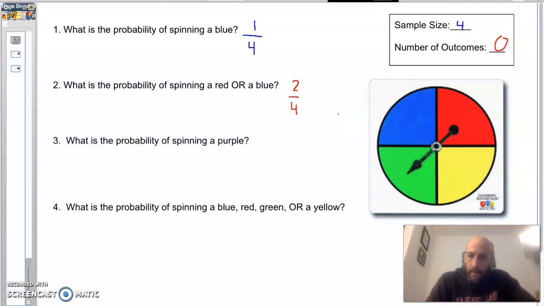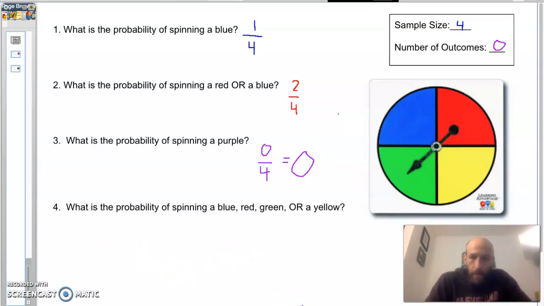Well, let's put that in purple because this is asking about purple. There are 0 purples. So that's 0 out of 4, which is just 0. That would be impossible.